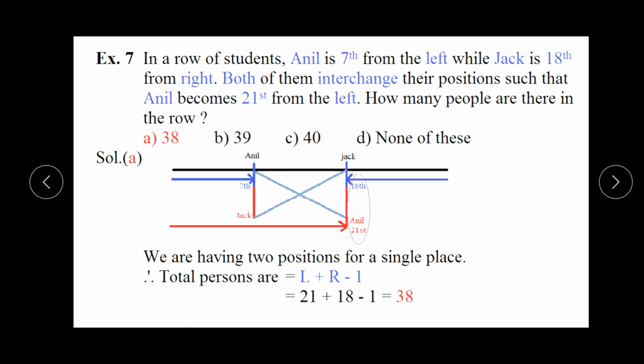But if we add these 2 positions, we are counting this position twice, and we cannot count this position twice to find the total number of persons. So we will add these positions, but we will subtract 1. 21 plus 18 minus 1 is equal to 38. The first option.